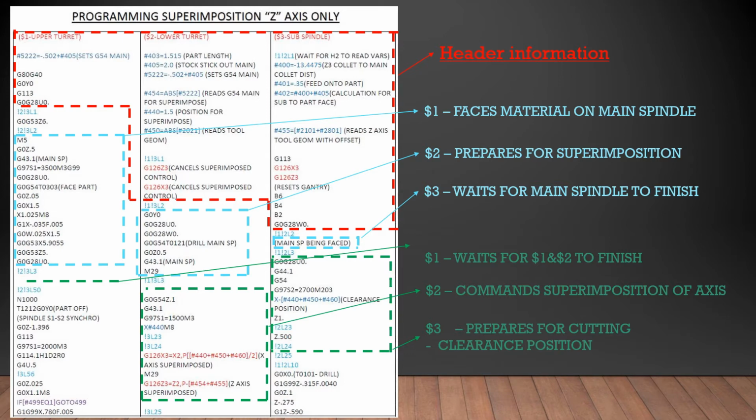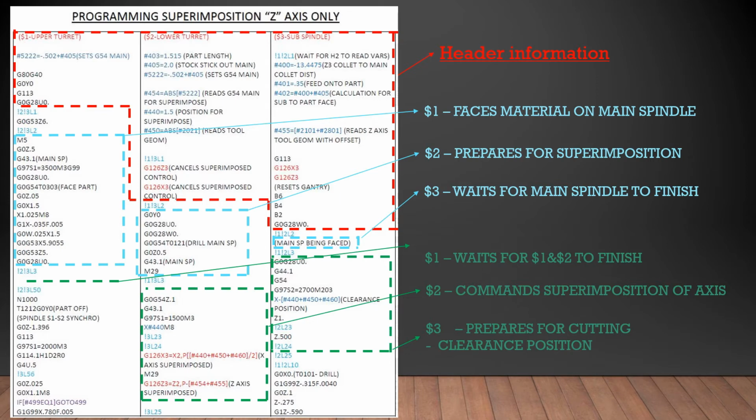Looking toward the bottom, we have !3 L23, which is a wait command, because in the third program, in the green, we have the subspindle running at 2700 RPM.